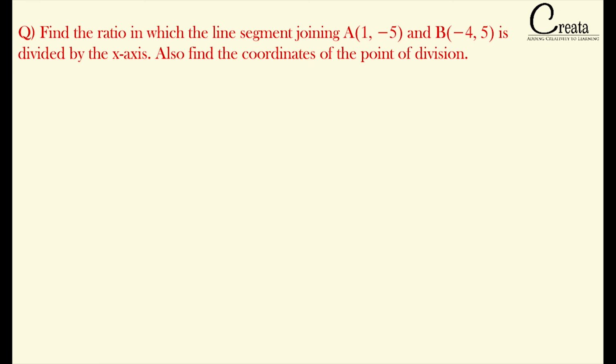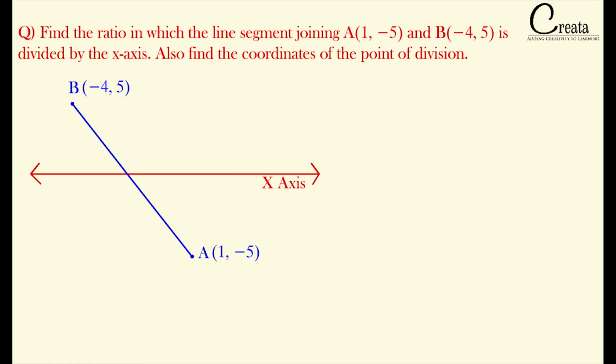Here this question is talking about 2 points, point A whose coordinates are (1, -5) and point B whose coordinates are (-4, 5). These 2 points are joined by a line segment and this line segment is divided by the x-axis.